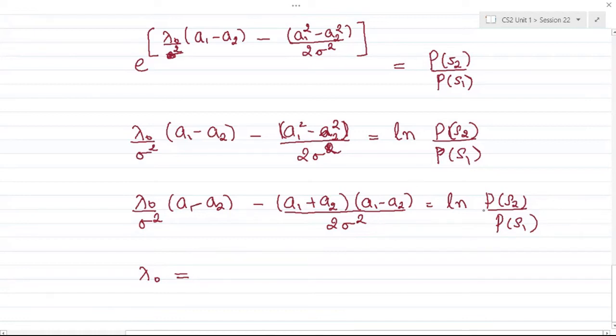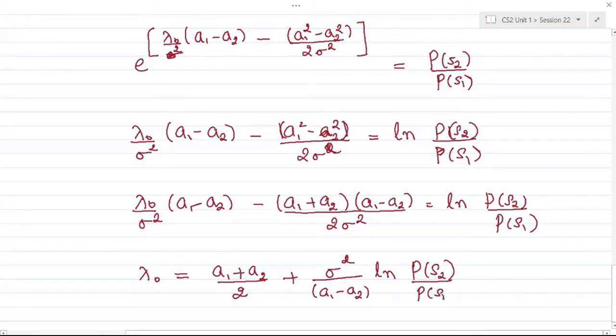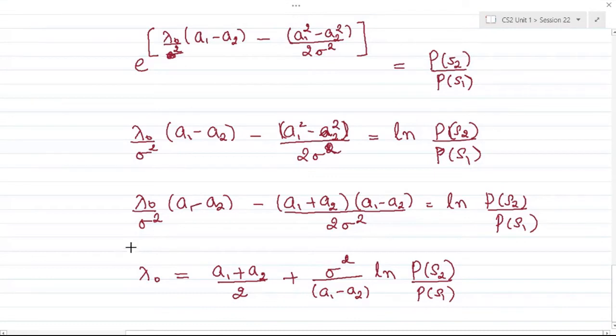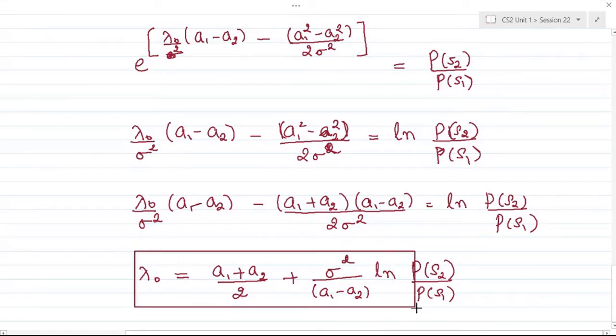What is left here is a1 plus a2 by 2, and the right hand side gets multiplied with the term sigma squared by a1 minus a2 times ln of p of s2 over p of s1. This is my generic equation for the threshold for which the probability of error is minimum.